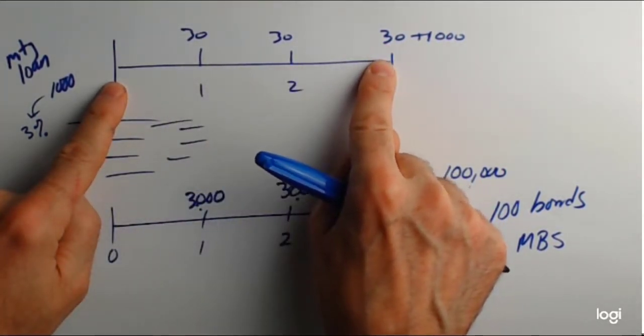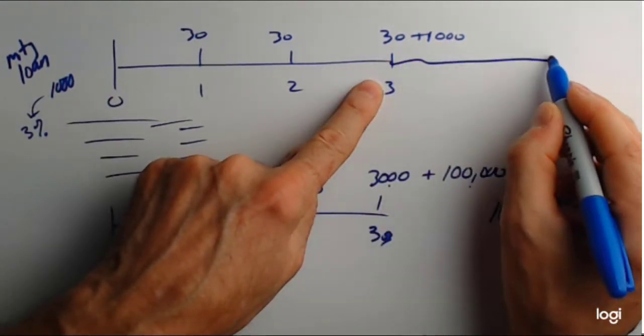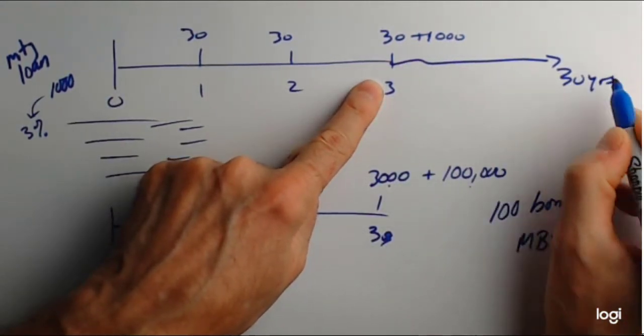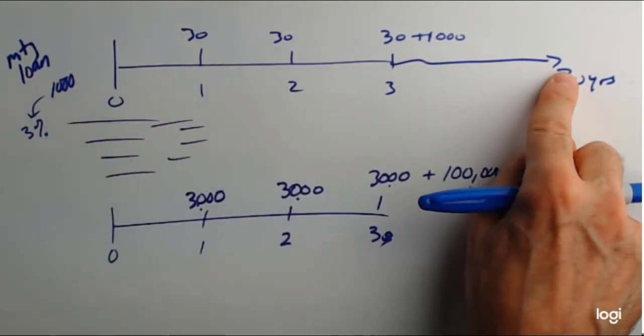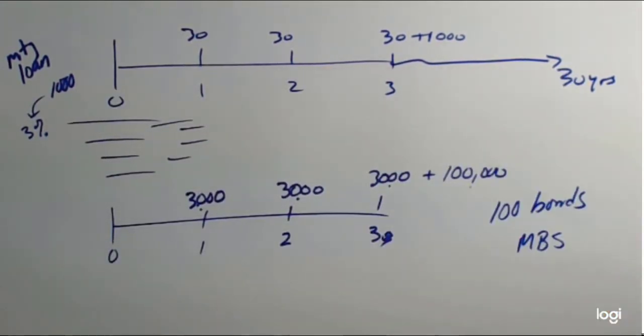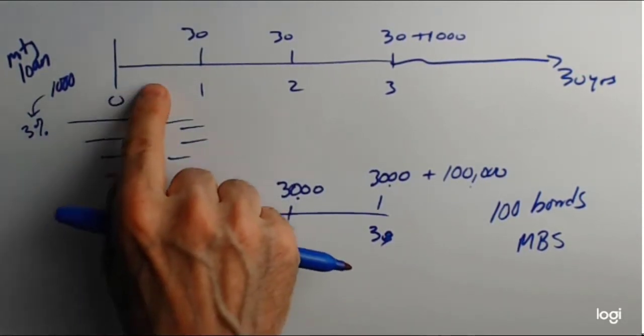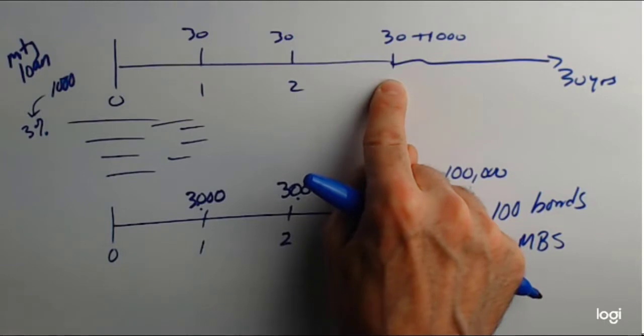Let's just say this goes off to 30 years. Very few people hold their mortgage for 30 years. And why is that? Well, individuals tend to prepay their mortgages early. They pay a percentage of the principal, more than what they're required to over time, and that can substantially reduce the life of a mortgage, which means it reduces the life of these bonds.